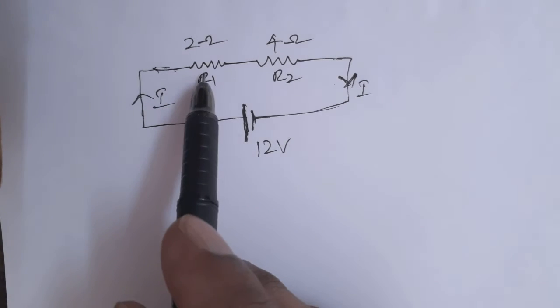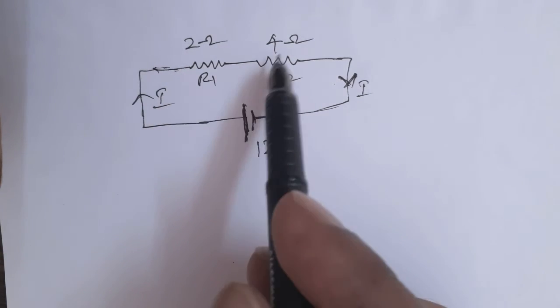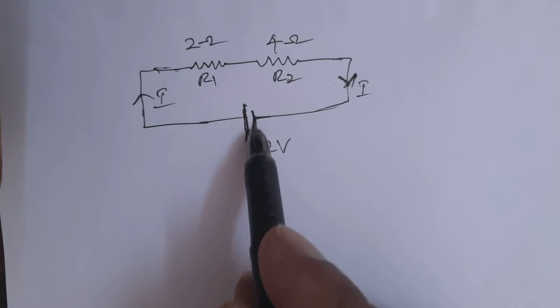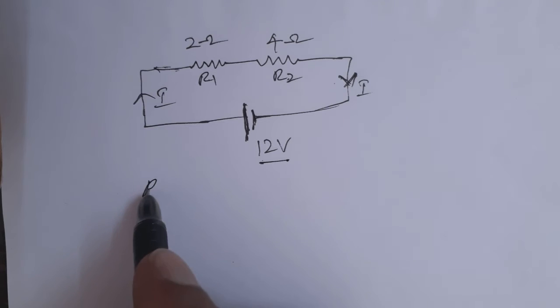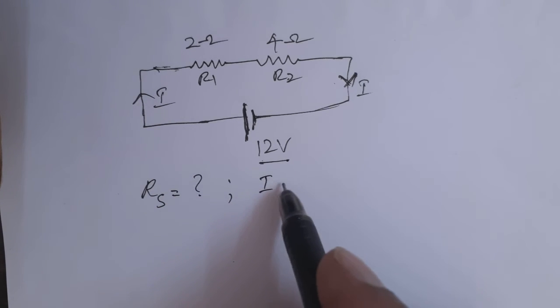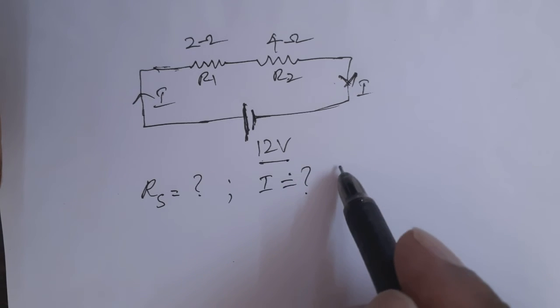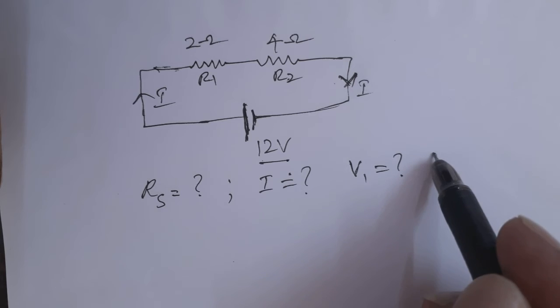Let's consider this diagram. R1 and R2 have the values 2 ohm and 4 ohm, which are connected to a potential difference of 12 volts. Now we are going to calculate the total resistance in series, the current, and the potential difference across resistor 1 and resistor 2.